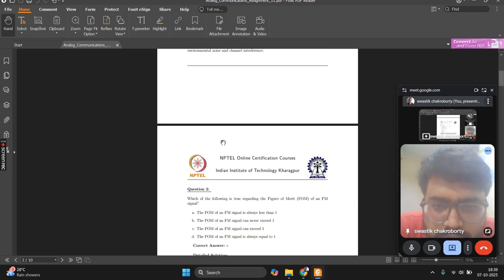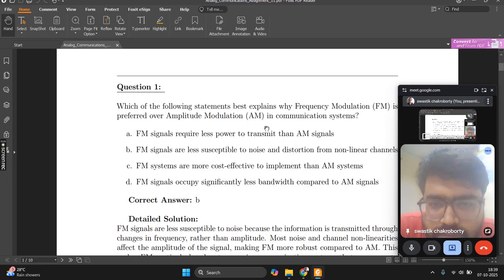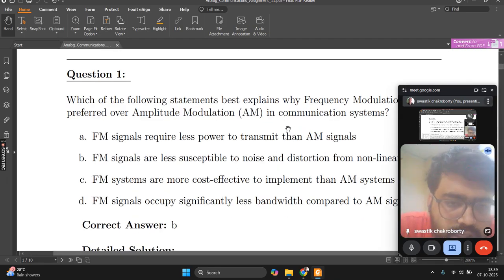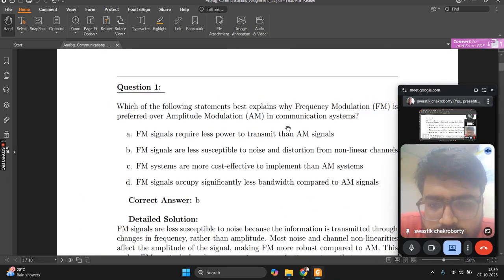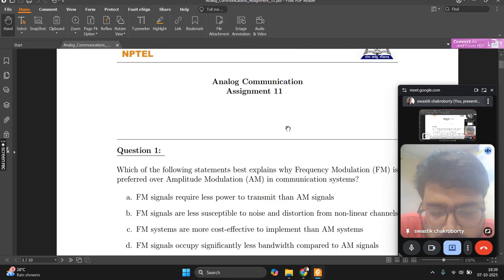So the first problem is: which of the following statements explains why FM is preferred over AM in communication systems? In the early years of radio, AM signals were used. Like the government's All India Radio broadcast used AM signals.